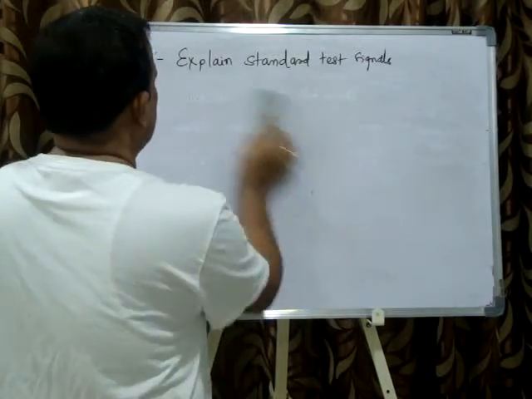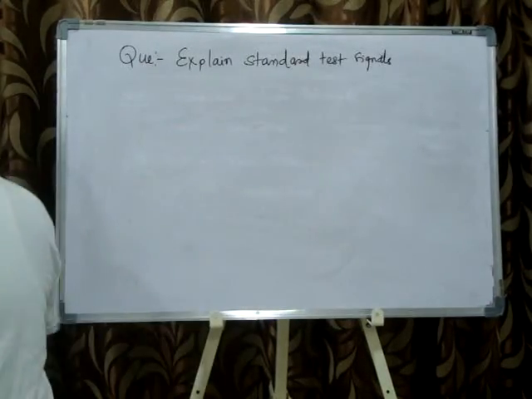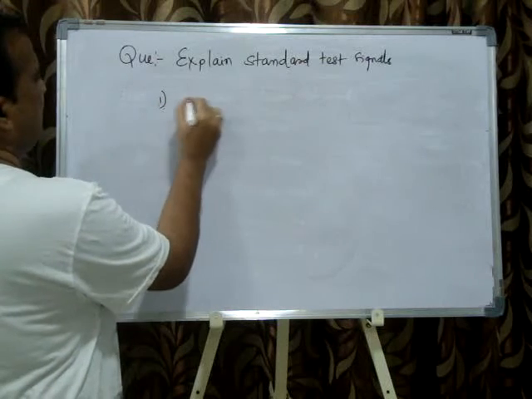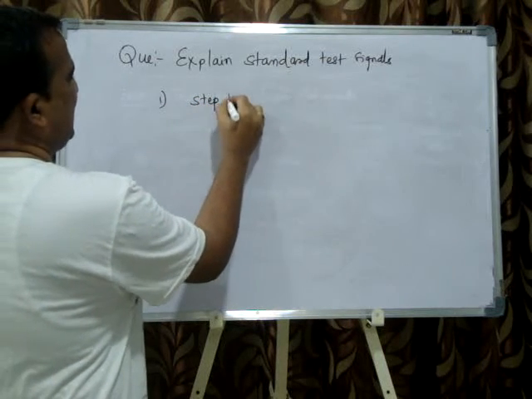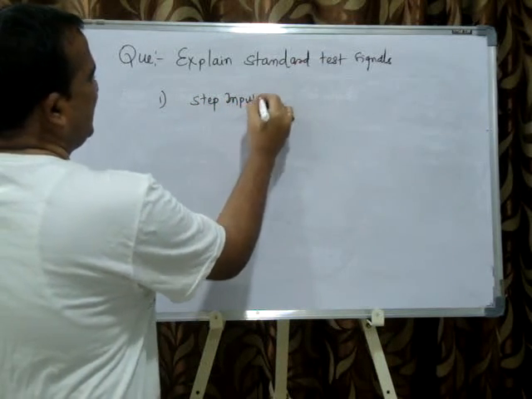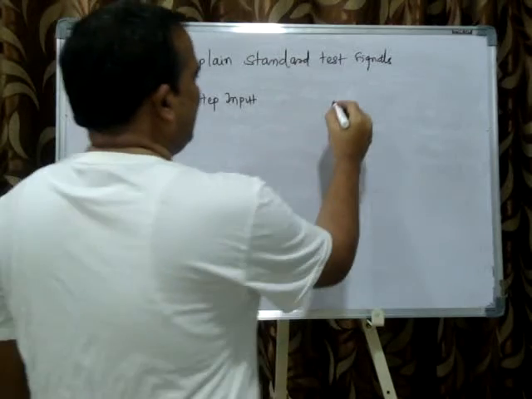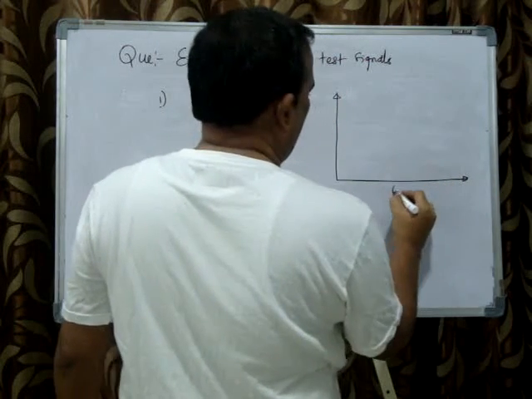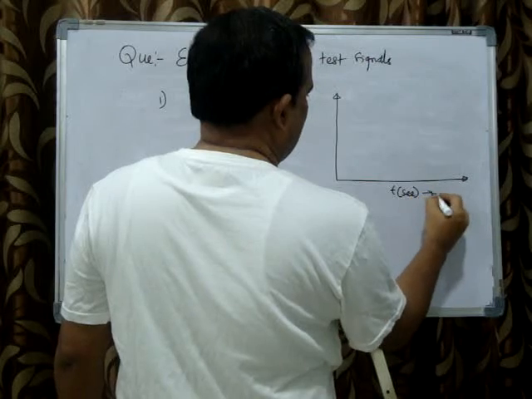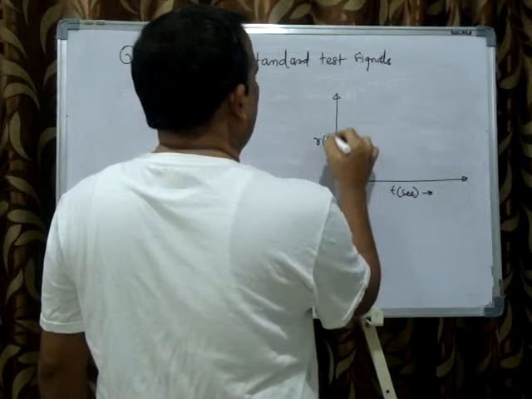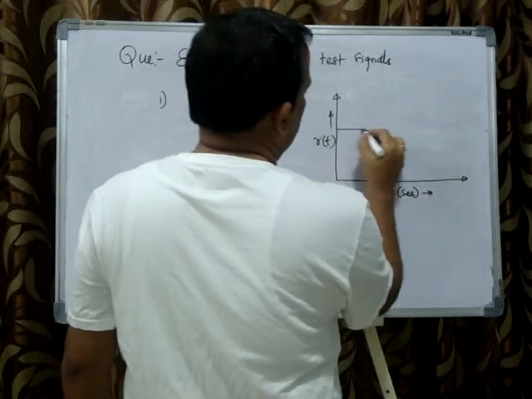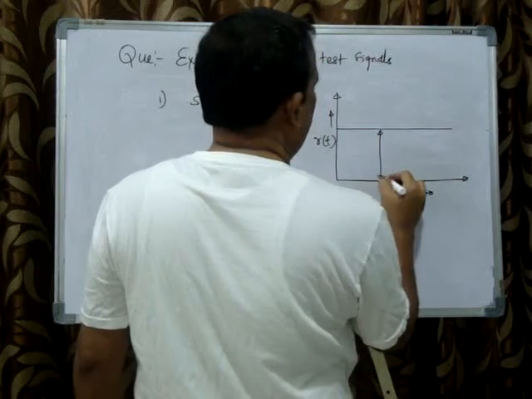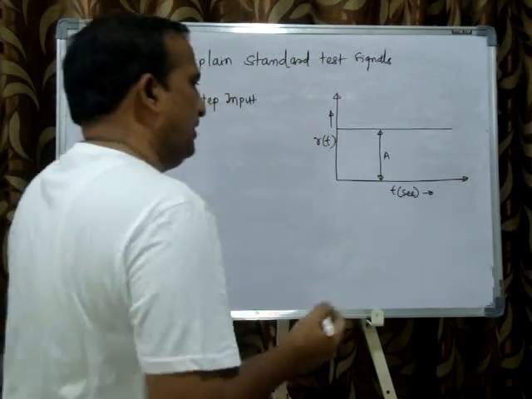What is a step? The first one is called step input. The step input is a constant input; the x-axis is time, the y-axis is r of t, the input. Suppose the magnitude is A. You take any system.